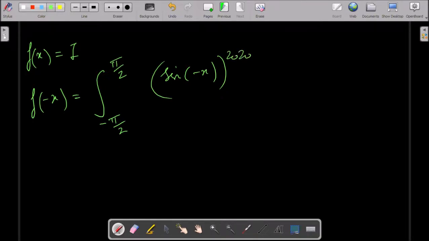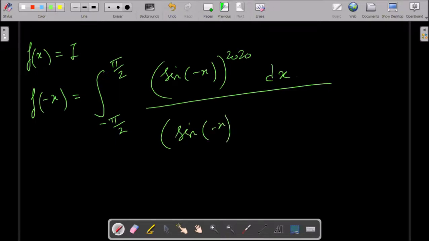See, I am telling you this is an even function only, because the power 2020 is even, upon sine minus x to the power 2020 plus cos minus x to the power 2020.